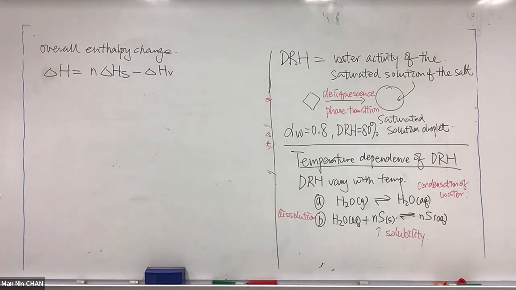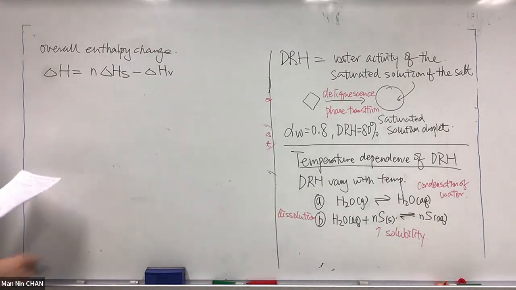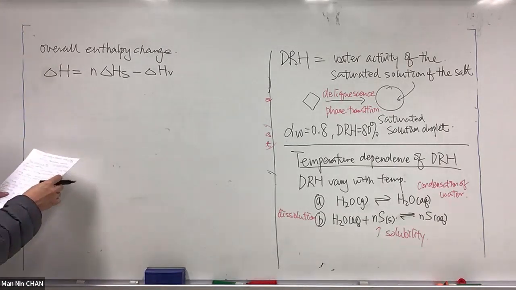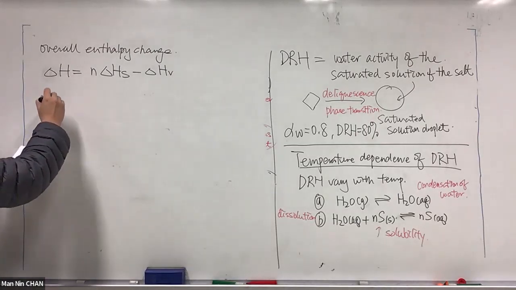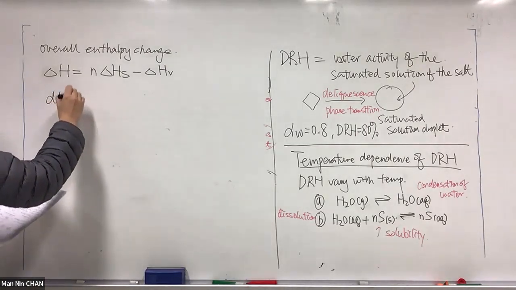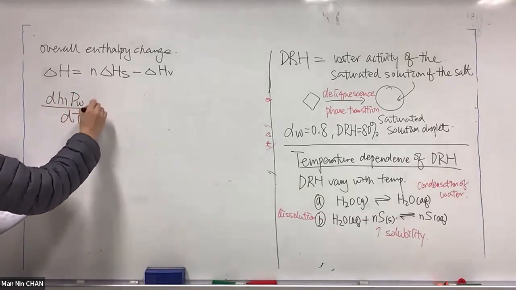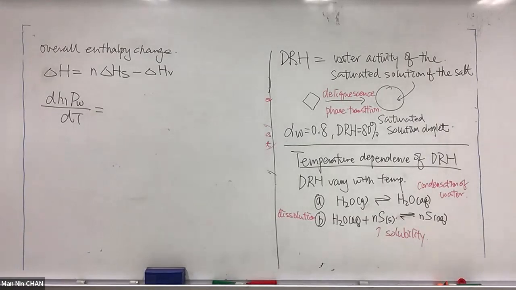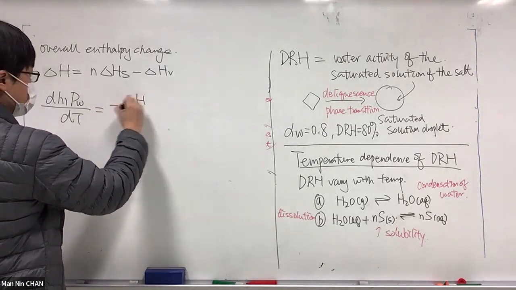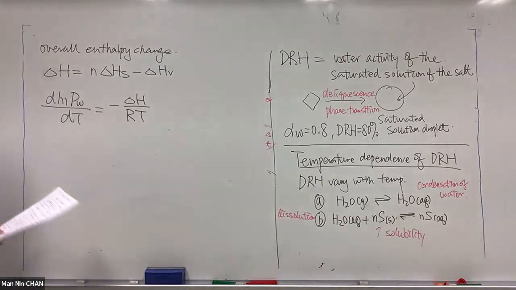And if you know this overall enthalpy change, basically you just consider these two processes. Then you look at how the change in the water vapor pressure over a saturated solution droplet will be equal to this term.